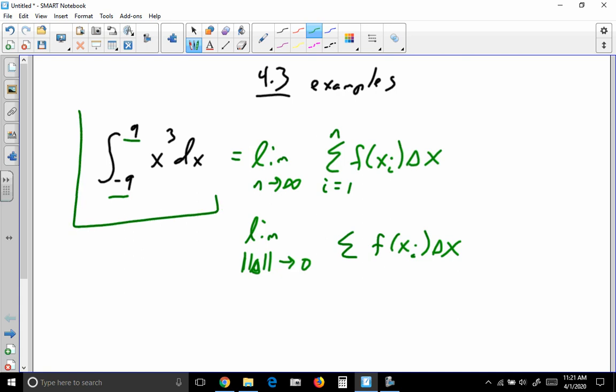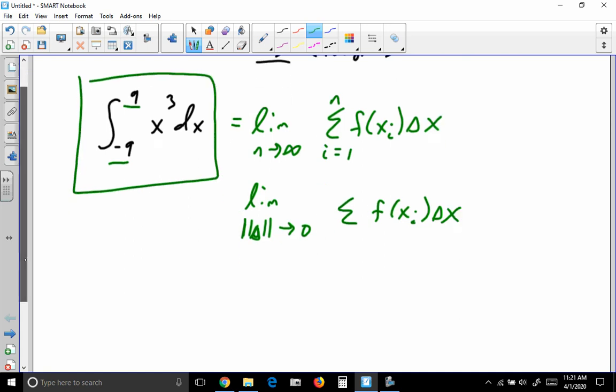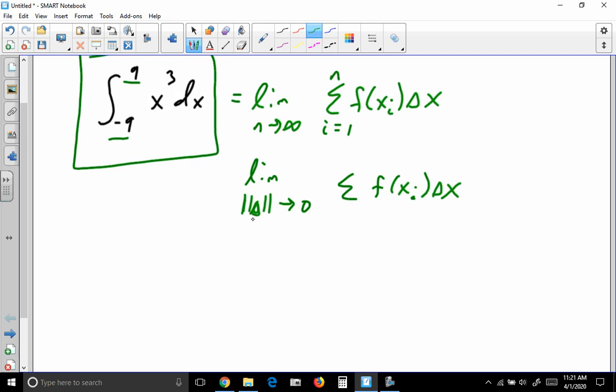So for right now, we're going to evaluate this using our summation and letting our width go to 0 or n go to infinity. So we need several things. We need our delta x, which is b, the right side, minus a, the left side, over n. We're letting n be varying, so we're just putting n in there. So 18 over n is delta x.